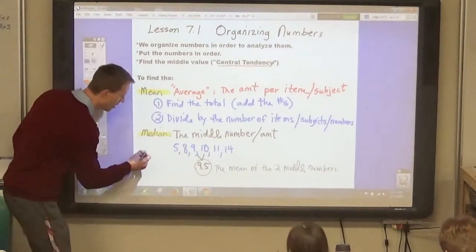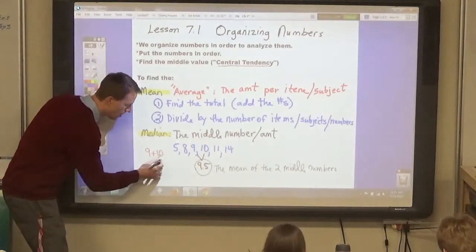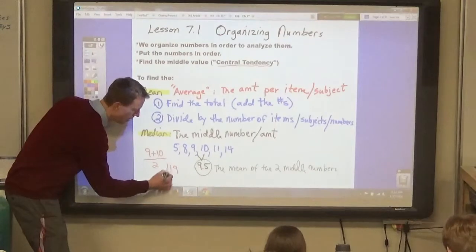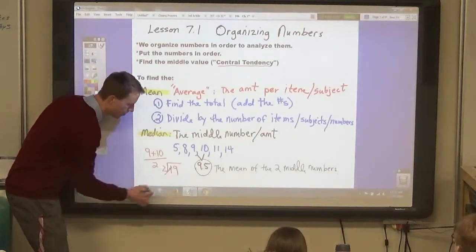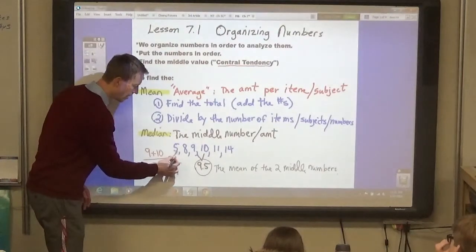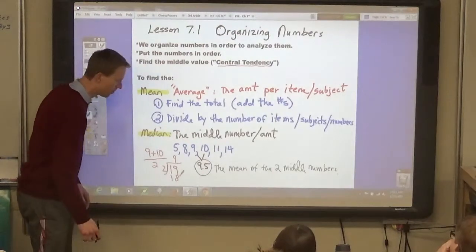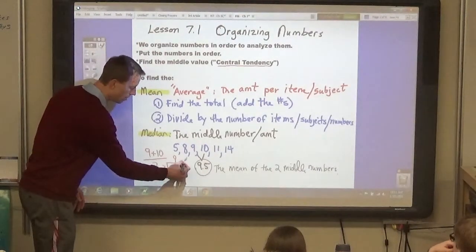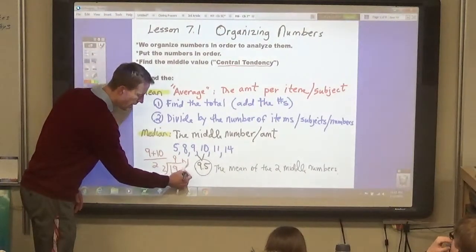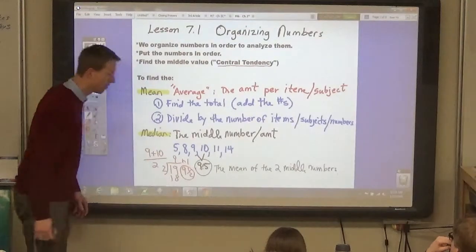Yep. 19, that's 9 plus 10 divided by 2. 19 divided by 2. 2 goes into 19 9 times. 9 times 2 is 18. Minus 1, so it's remainder 1. 9 and 1/2, or 9.5.